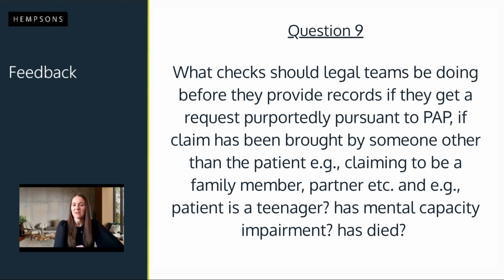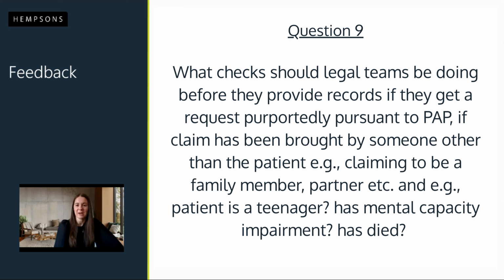But if it's a child, then they'll likely need to have a litigation friend. That's often a parent, and the parents would be able to request records for a child. But I think it's just taking a sensible approach to each request. If it's a distant relative, then yes, I'd be cautious about doing that.